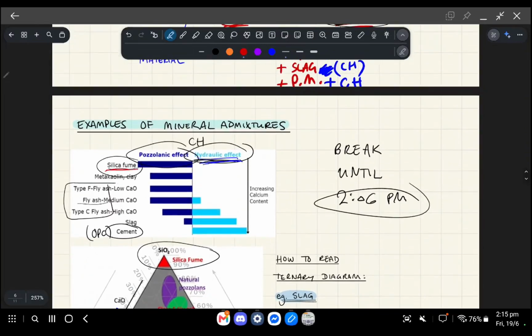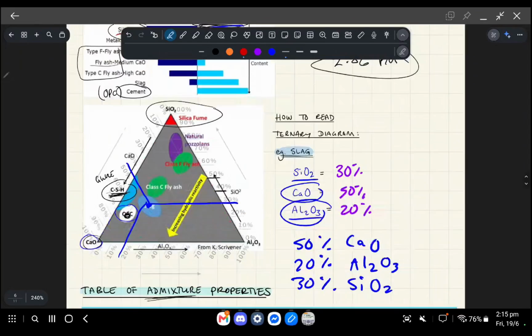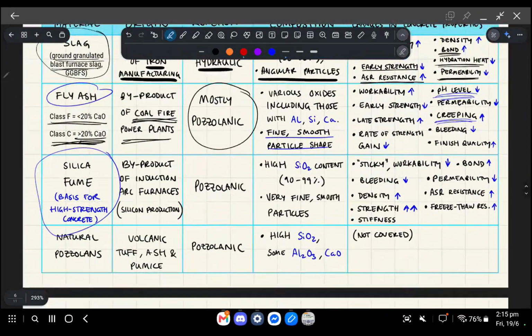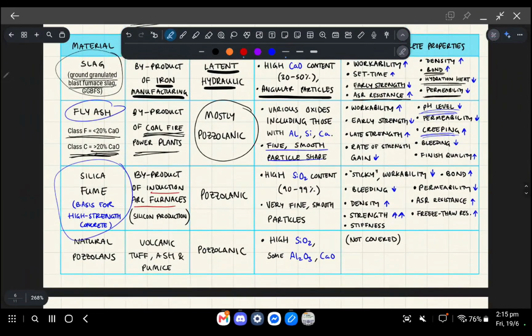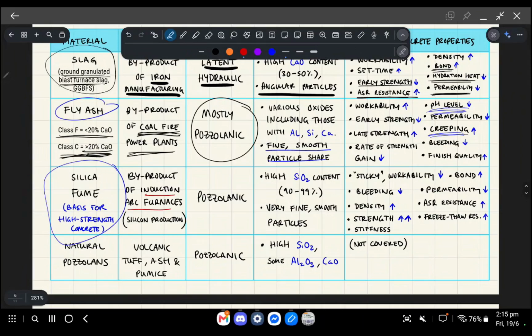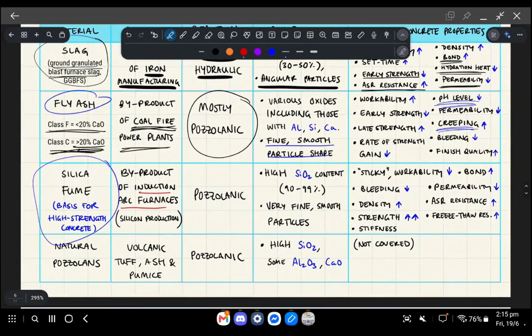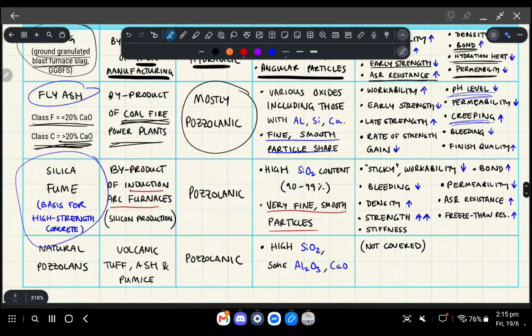Silica fume is on the complete other end, where it's a pozzolanic reaction entirely. It's a byproduct of induction arc furnaces for silicon, but it's essentially required for high strength concrete. It's a super fine particle, and probably the most extreme admixture that you can add, right?